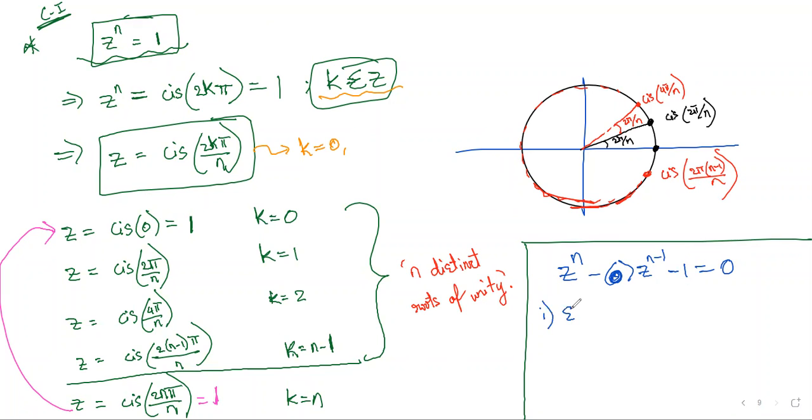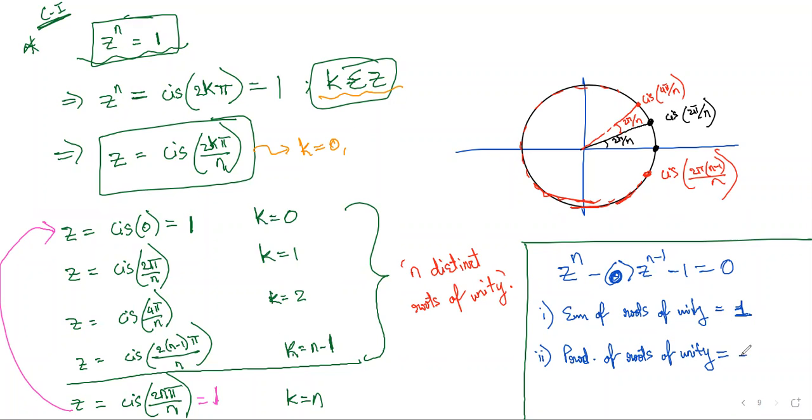First point is the sum of roots of unity is 0. Second one, the product of roots of unity. What will the product of roots of unity be? Anyone? Minus 1? Not always.